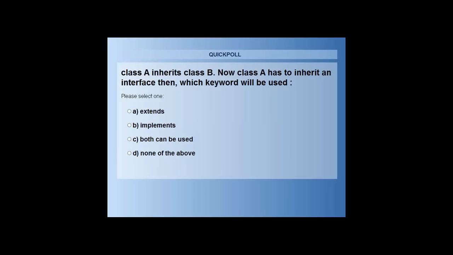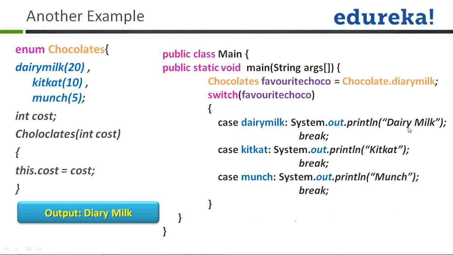Whenever you have to use an interface, what do you have to do? You have to use the implements keyword. You cannot use the extends keyword to use an interface, right? So just remember this once again. Guys, even after telling you so many times, you are actually giving me the wrong answer. Mayank says A has already inherited B. Yes, exactly, Mayank.